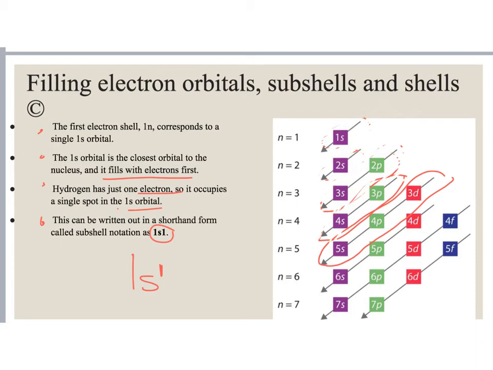So you go 1s, then 2s, then 2p, then 3s, then 3p, then 4s, then 3d, then 4p, then 5s. We do that because sometimes you fill an orbital in shell 4 before you fill one of the ones in shell 3. So make sure you've got this copied and you understand how it works.